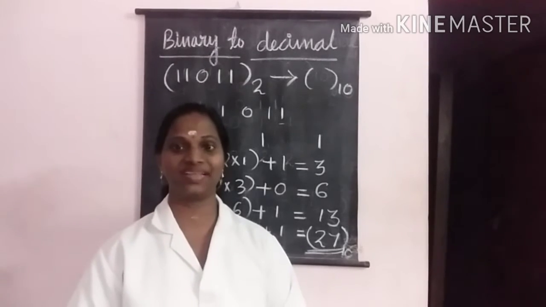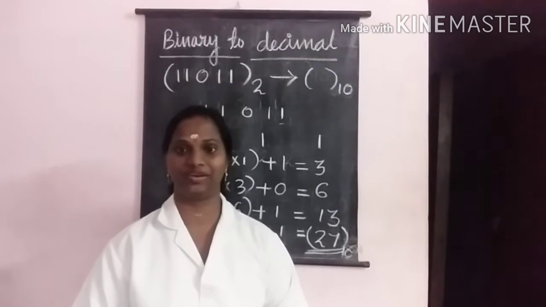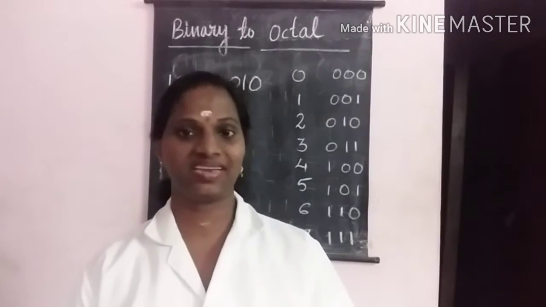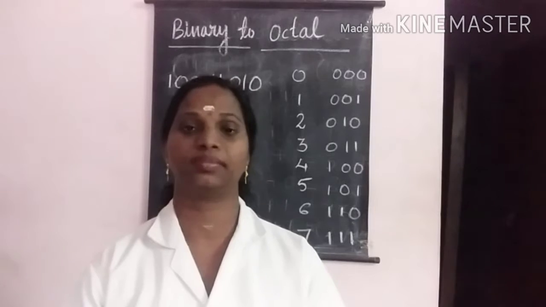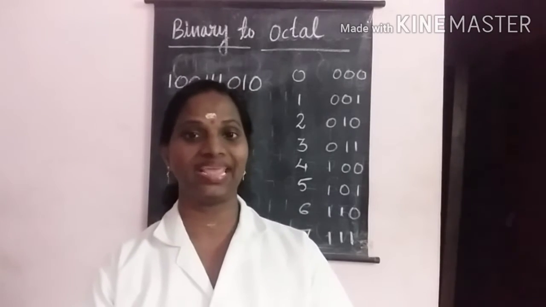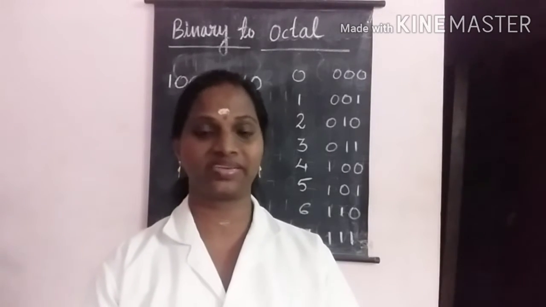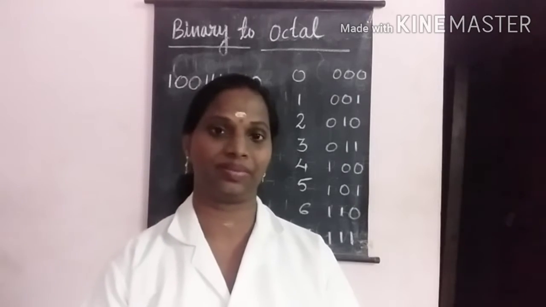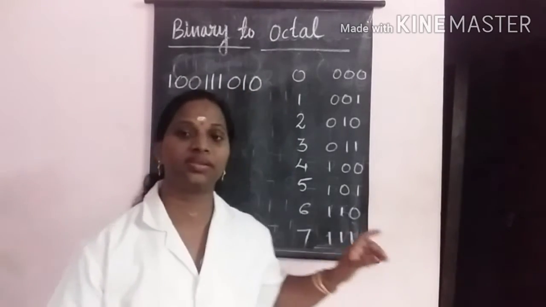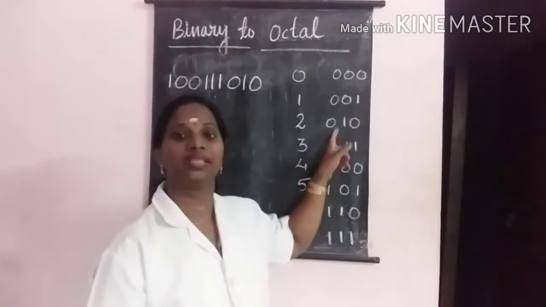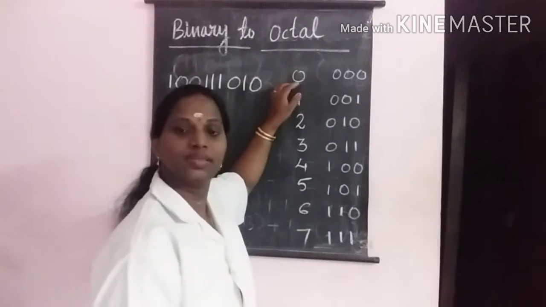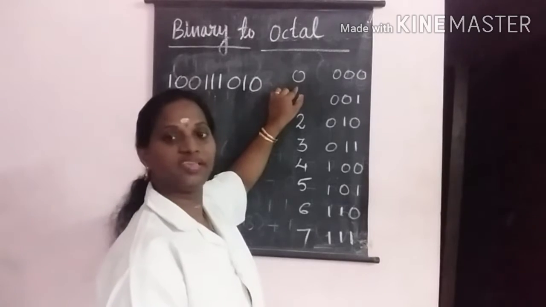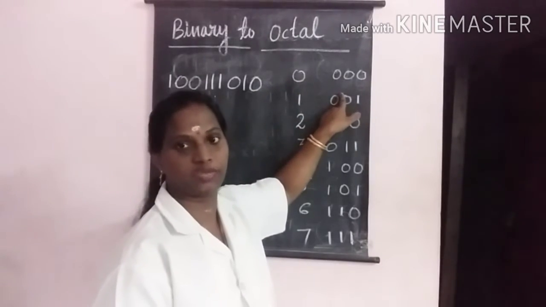Okay, next one is binary to octal conversion. See children, binary to octal conversion is a very easy process. But we have to study the binary representation of octal digits 0 to 7. Okay, here I am giving the binary representation for the octal numbers 0 to 7. That is, octal 0 is represented as 000.